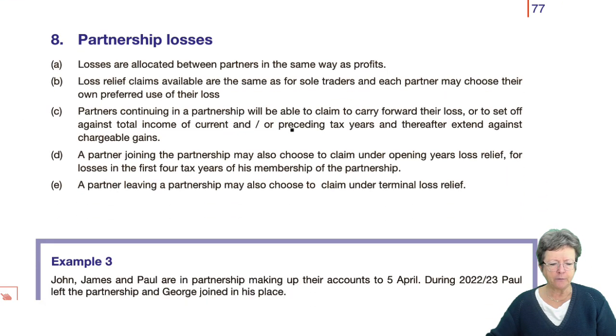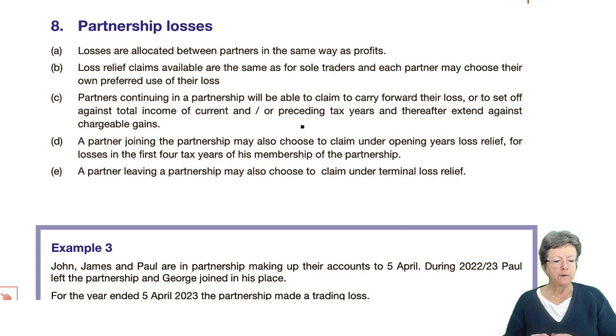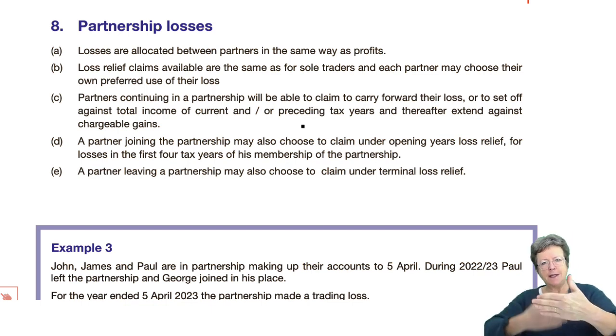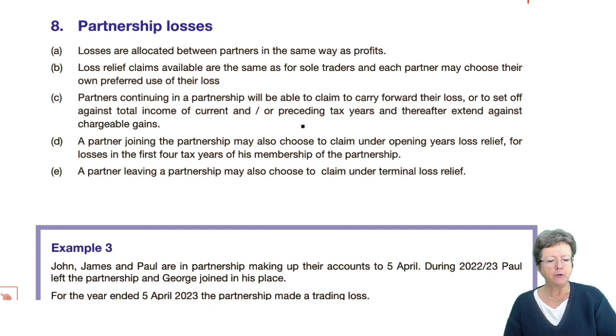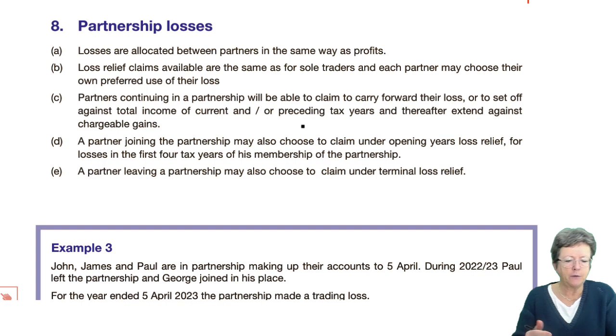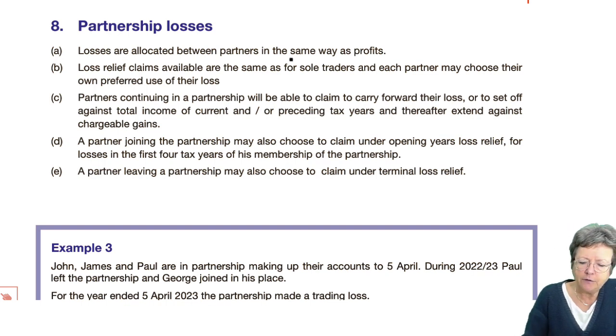Now, losses. If we haven't done the losses chapter yet, it's to be dealt with later if you're doing it in the order that they are in the manual. However, that will make sense when you come back to it. Losses are allocated the same way as profits. The loss relief claims are the same as sole traders.